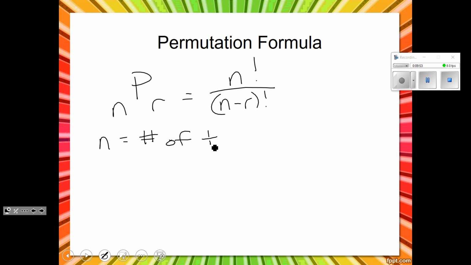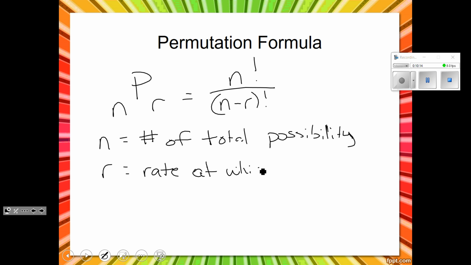When N is the number of total possibilities, like how many objects or how many people are you working with, and R stands for the rate at which they are chosen. Okay. N is the number of total possibilities, and R is the rate at which they are chosen.